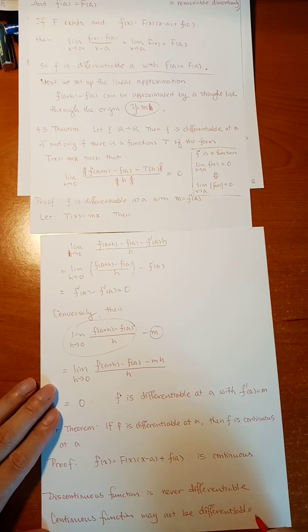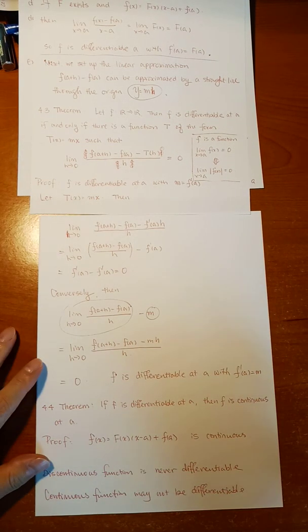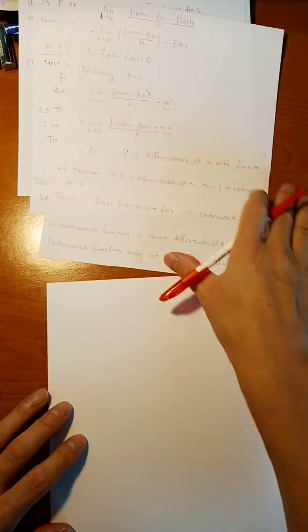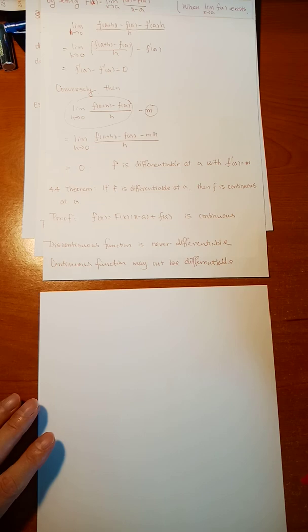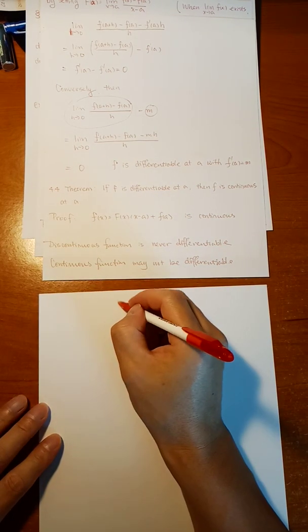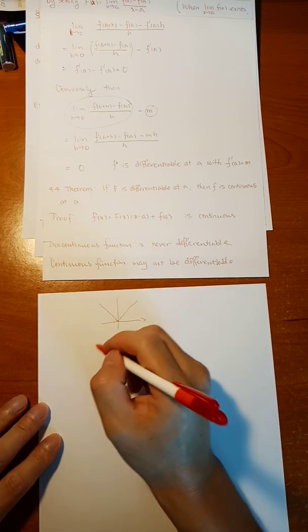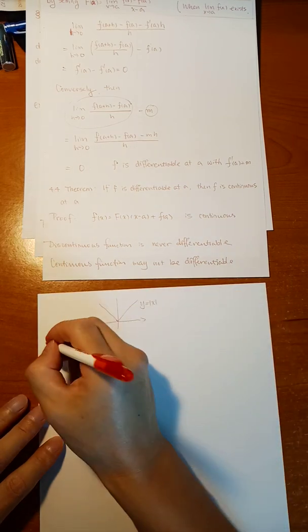Remember, continuous only means it's connected. It does not mean the graph is smooth. So we're going to see a connected graph, but not a smooth function. Not smooth means, in a natural way, that there is a corner. Like this. This is the standard universal example, the absolute value function.